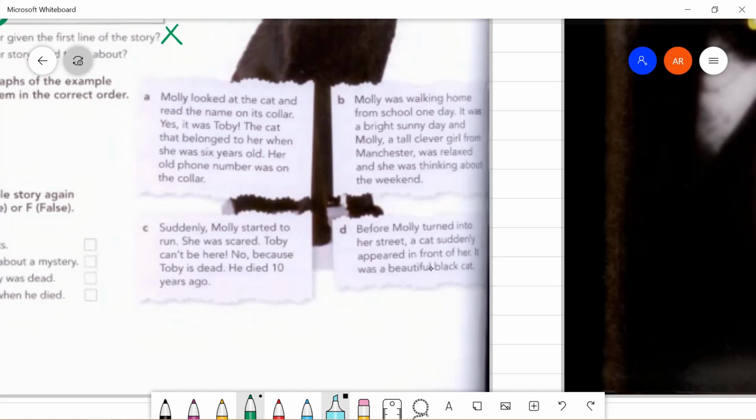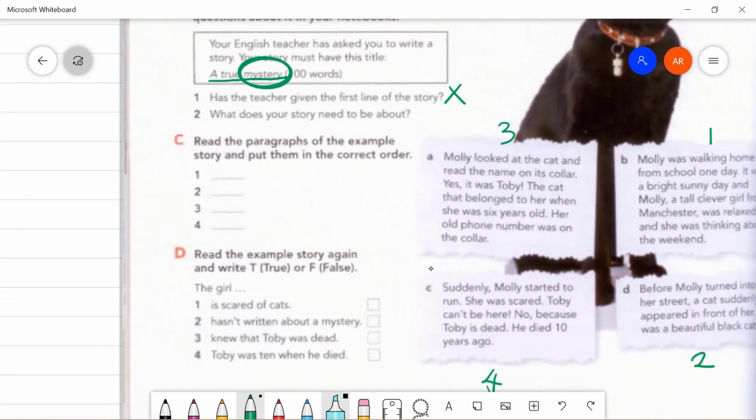So I think B is the first paragraph, D is the second paragraph, A is the third paragraph, and C is the fourth paragraph. Right? What do you think? Yeah, I think this is the correct one.